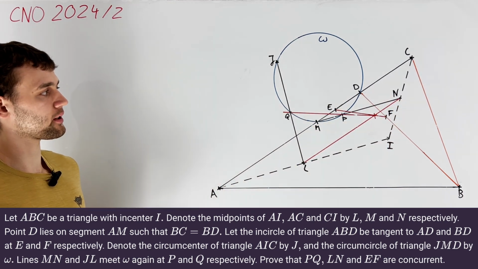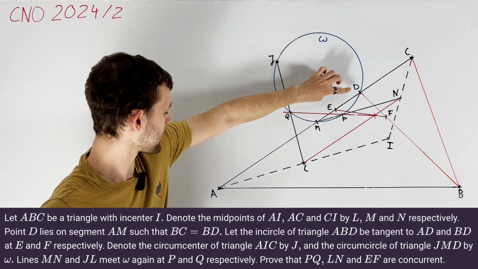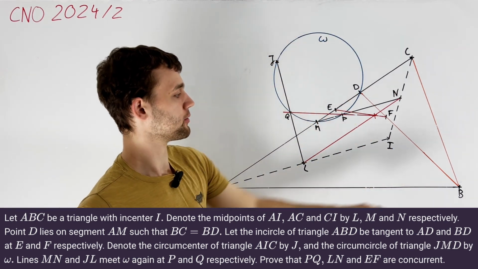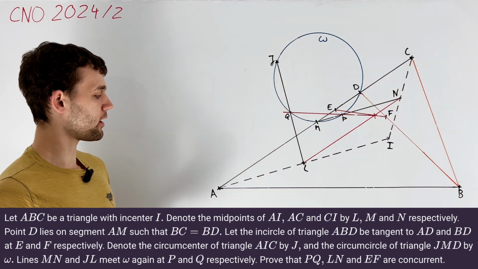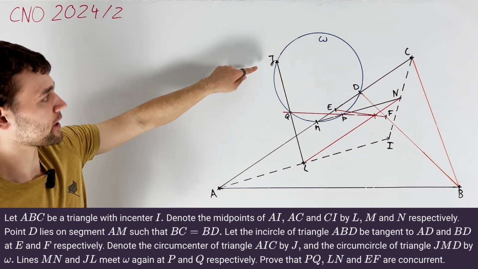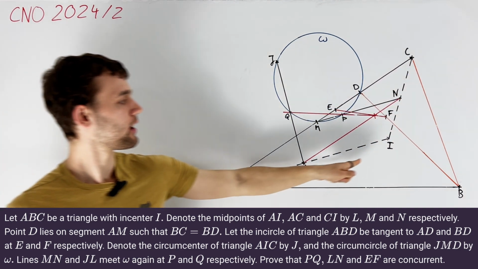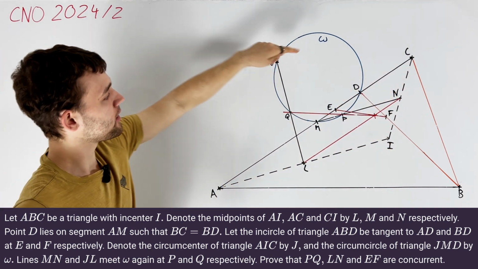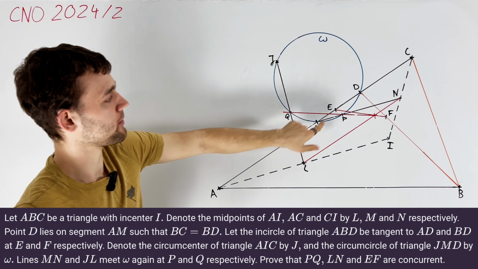Let's also suppose that there is a point D inside segment AC, so that the length BD is equal to BC. Now we introduce the circumcenter J of triangle AIC and draw in the circumcircle omega of triangle JMD.